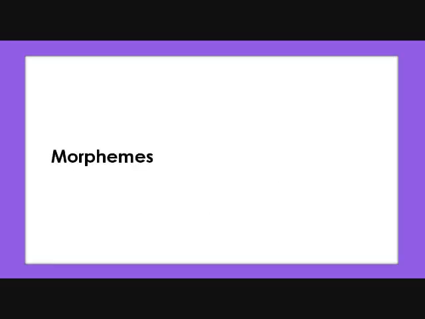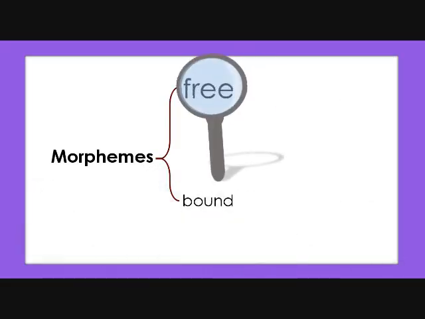Morphemes can be classified into 2 types, free morphemes and bound morphemes. Free morphemes are those that can stand alone in the sentence. They make sense and they carry meaning on their own. They are independent. A free morpheme is a word, but not any word is a free morpheme. Among these we have happy, care, fortune, and quick.